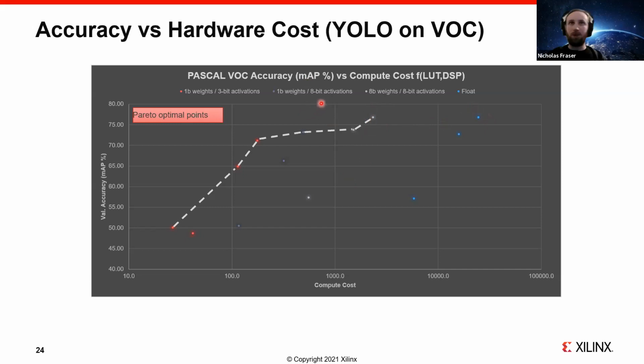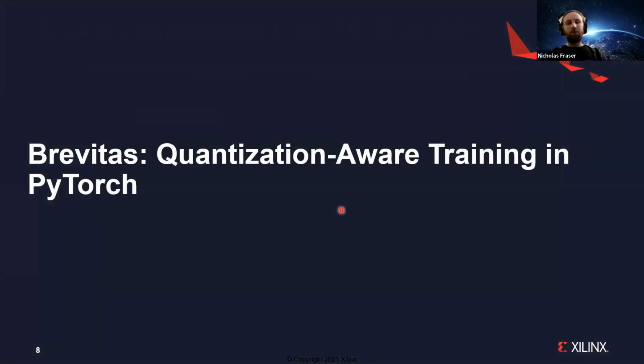Similarly, on the resource requirements, right, you could take a vertical slice. If you've already selected the size of your FPGA and your target frame rate, you could take a vertical slice and then pick whichever model is on the left of that, which achieves the highest accuracy, right? So hopefully from that, I've convinced you that quantization is interesting.